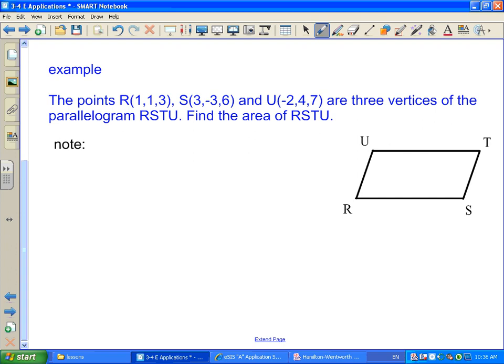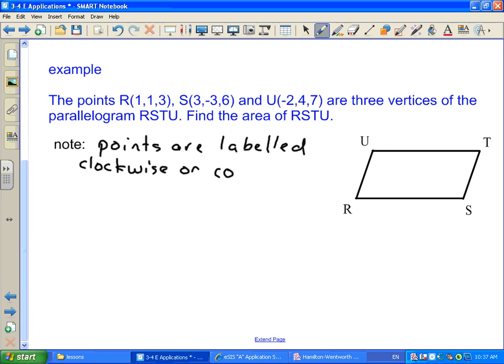So in this case, they don't tell us where T is, but we know that if we go R, S, T's got to come next and U has to come next. So we'll just say note: points are labeled clockwise or counterclockwise.